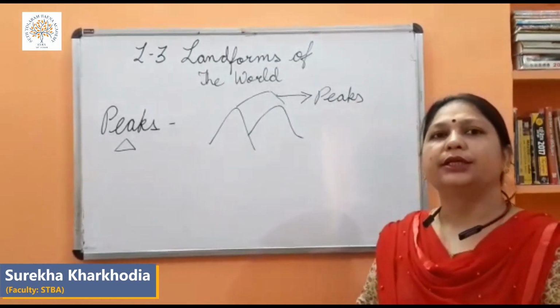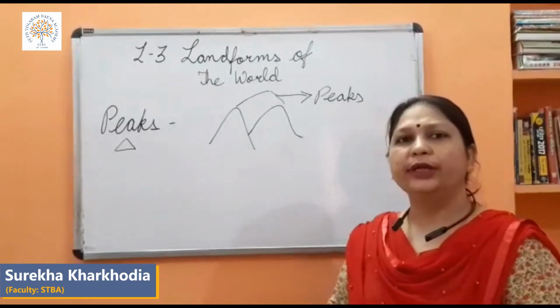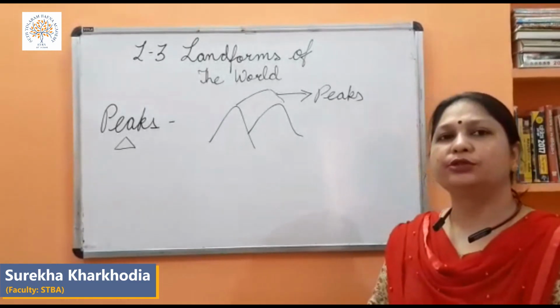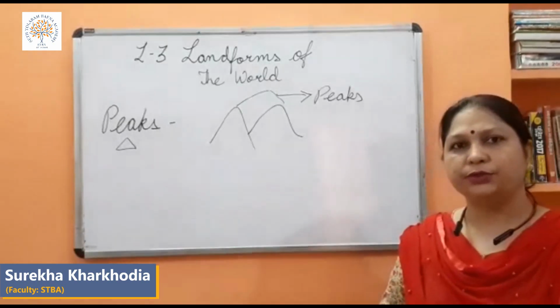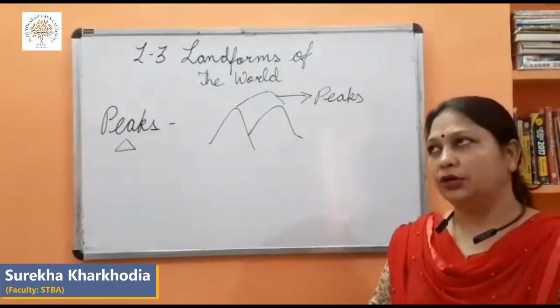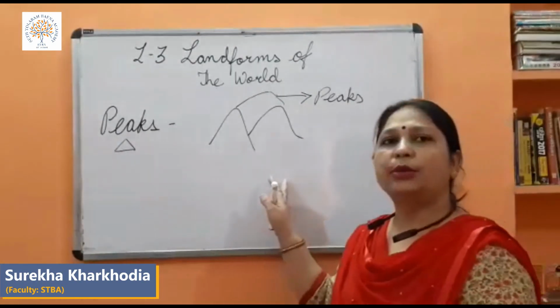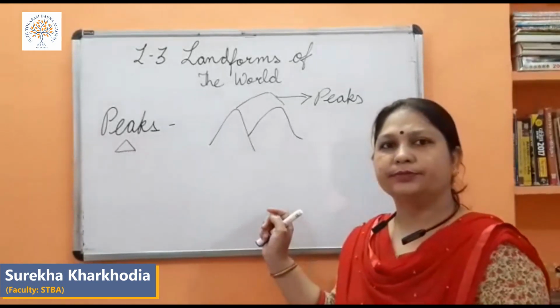In India, there are some high peaks like Godwin Austen, which is also known as Mount K2. Nanda Devi is the other one. Then Dhaulagiri is there. So this is all about the peaks.